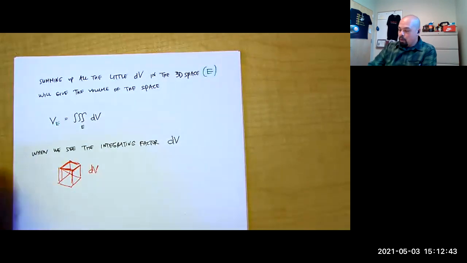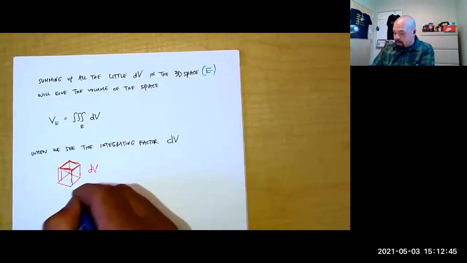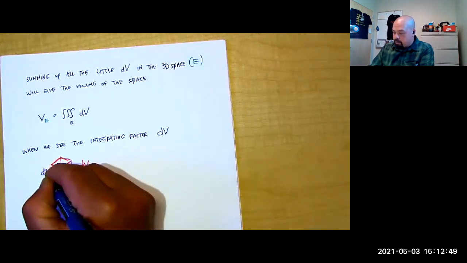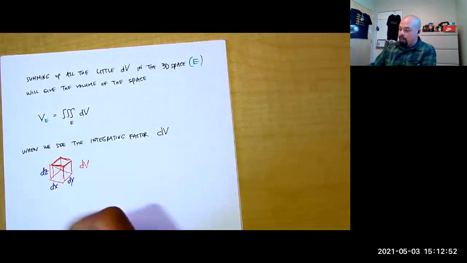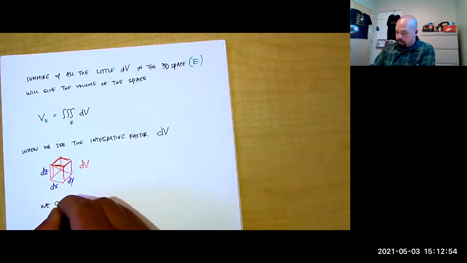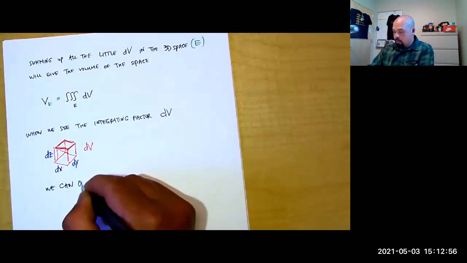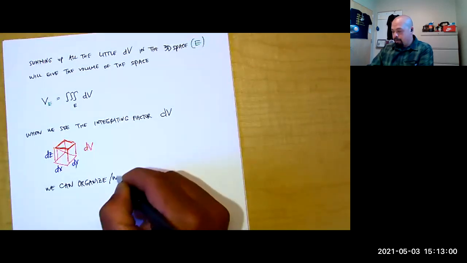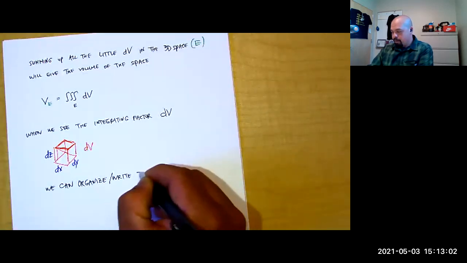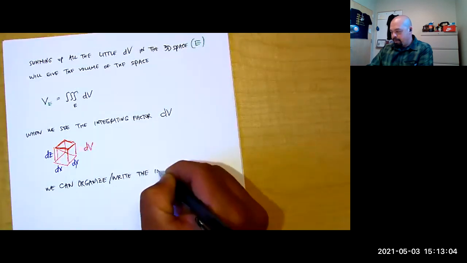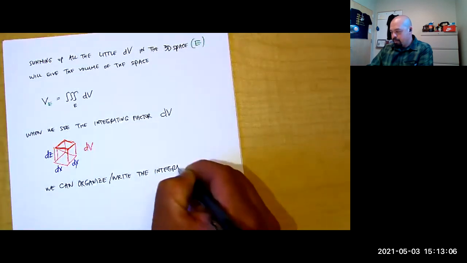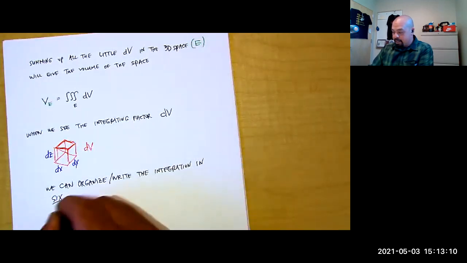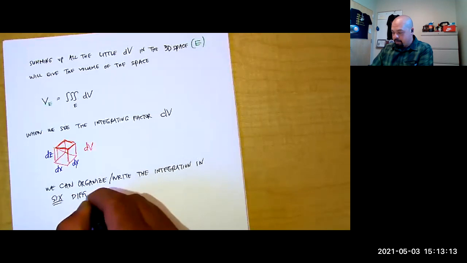So there's our dV. What we can imagine is we have the same as before, dx, dy, dz. So we can organize, you can write that integration in 6 different ways.